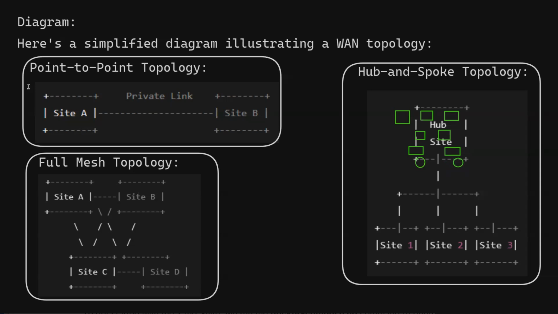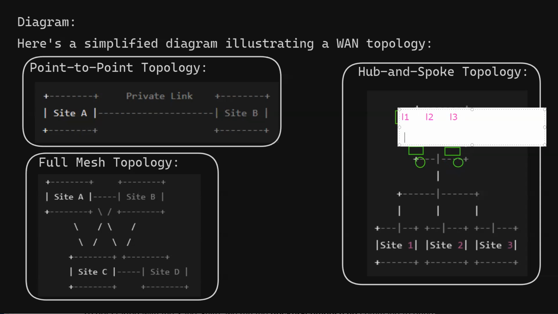So suppose leaf 1, leaf 2, leaf 3, then spine 1, spine 2, then border leaf 1, border leaf 2, and then router 1, router 2.